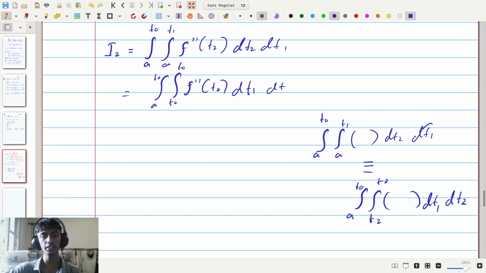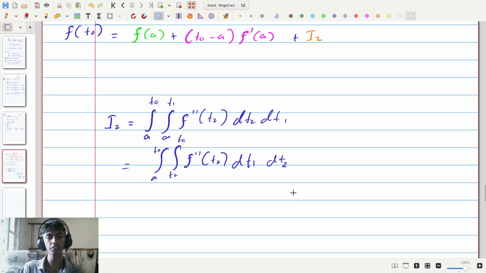So then these two expressions are identical. In the first expression we are evaluating t1 first, and then as we change t1 we are changing t2 based on t1. In the second expression that we've converted here, first we are changing t2 and then we are changing the internal variable t1 based on what t2 does. Both of these operations are identical.